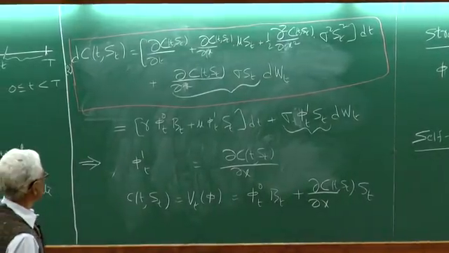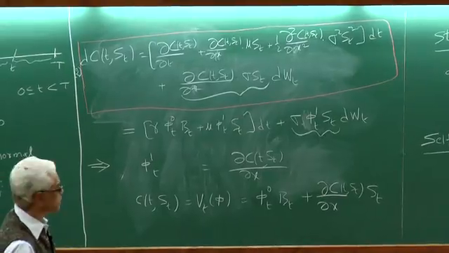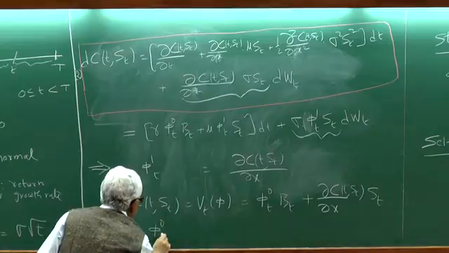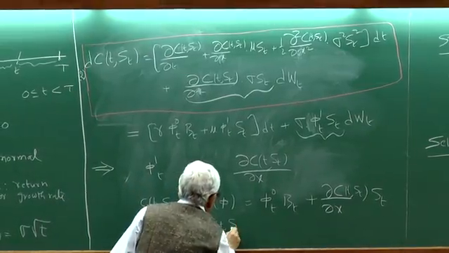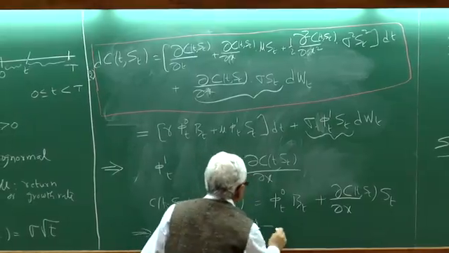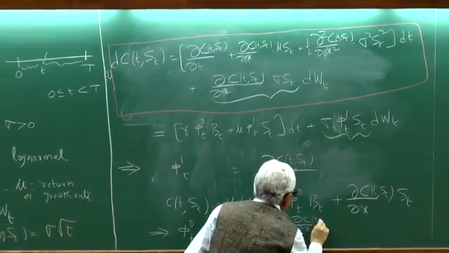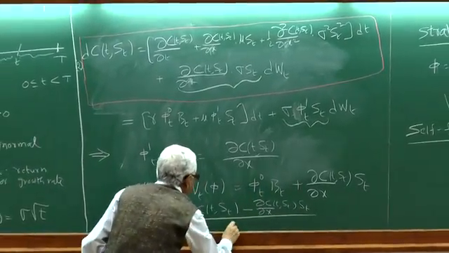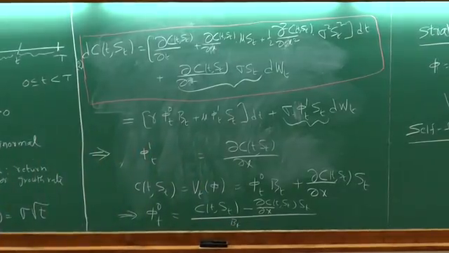So what is phi 0 of t in terms of the option? Therefore phi 0 of t is C of t, S_t minus del C over del x evaluated at t, S_t times S_t, over B_t.